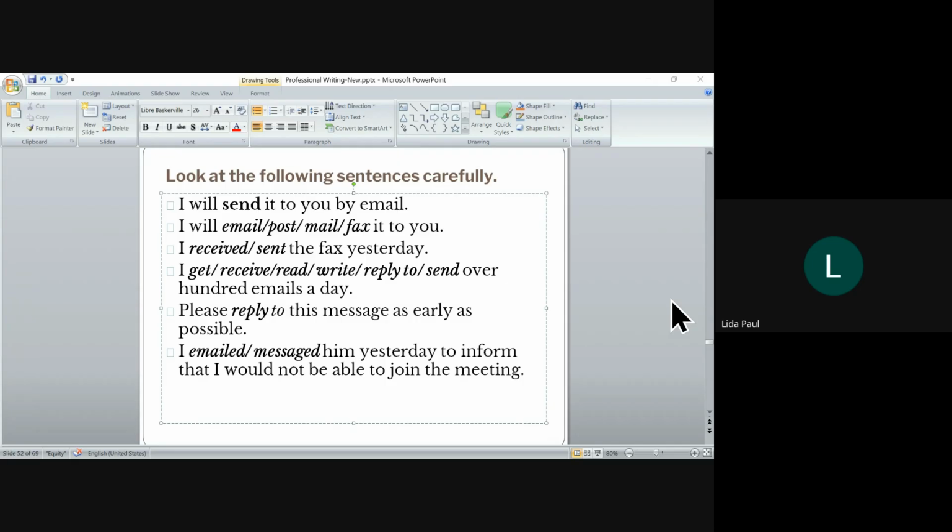You can continue looking at the other questions also. If you're done with this, you can move on to the next one, which is structure and format. Structure and format is basically an editing exercise. So you're going to read through that email, and you're going to make necessary changes. You're basically going to edit that email. We discussed editing and proofreading, right?